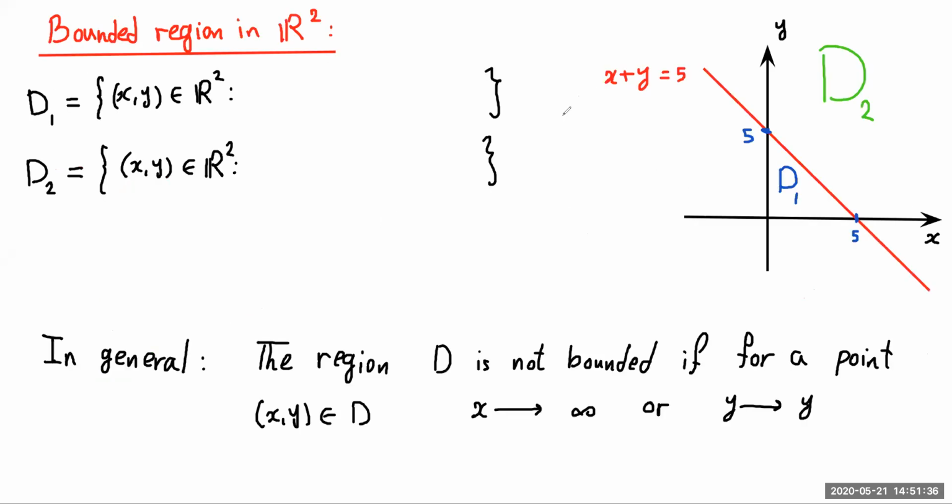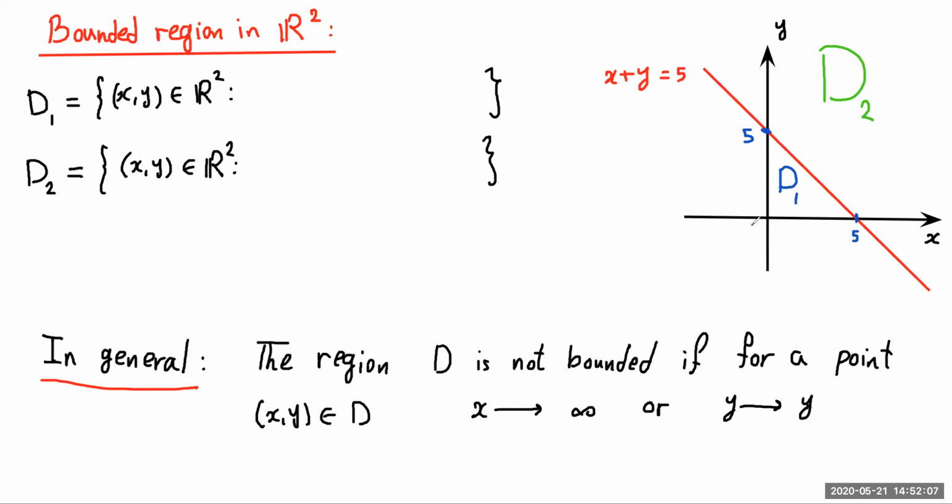What is a bounded region in the plane R squared? Let's explain it by examples at first, and after that we will talk about it in general. So here I have two regions, D1 and D2. D1 is inside the triangle, and the sides are included.